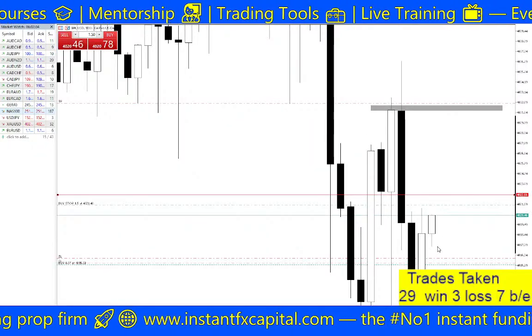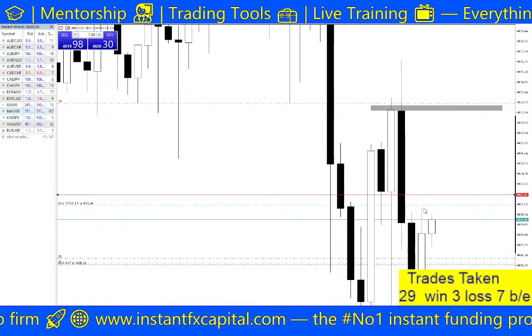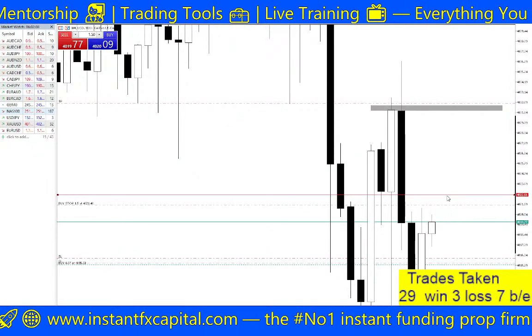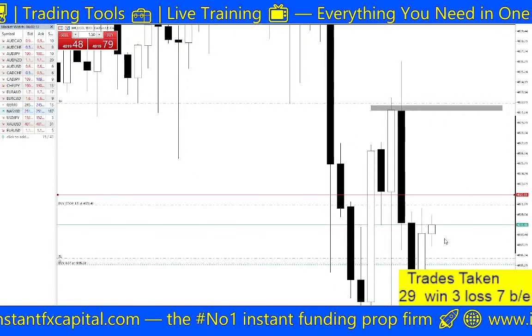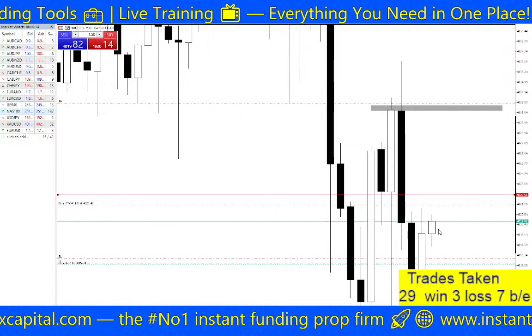What we're going to do, guys, is if we get triggered here, 10 pips, we're going to close half off, and we will instantly move our stops to break even on this one.